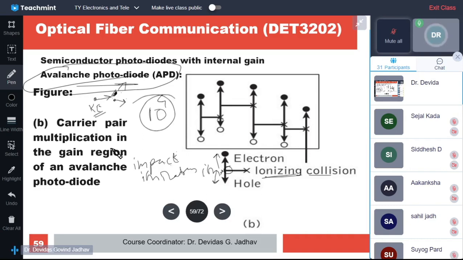One photon is absorbed, one electron is released, that electron crosses the junction but acquires very high kinetic energy in the gain region and collides with many more atomic structures to liberate the electrons and generate very high optical current, photocurrent. So this is called gain.